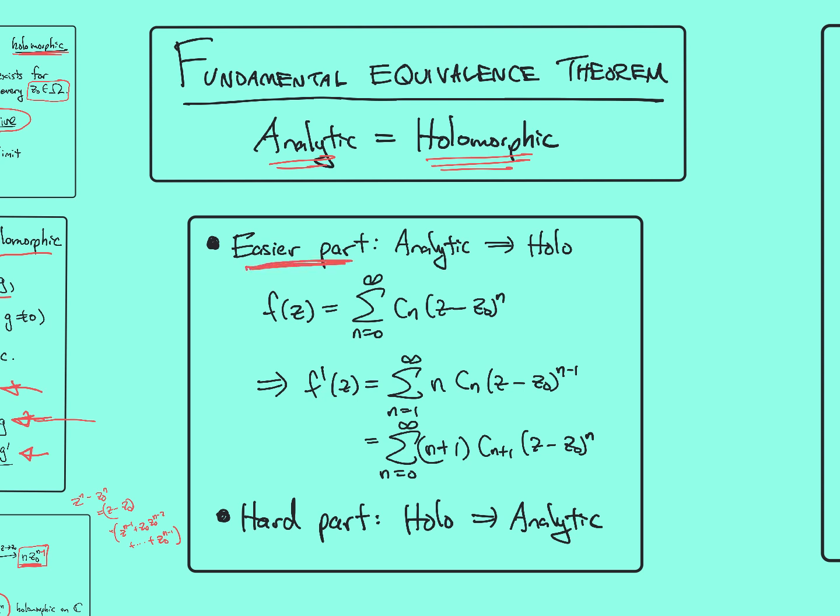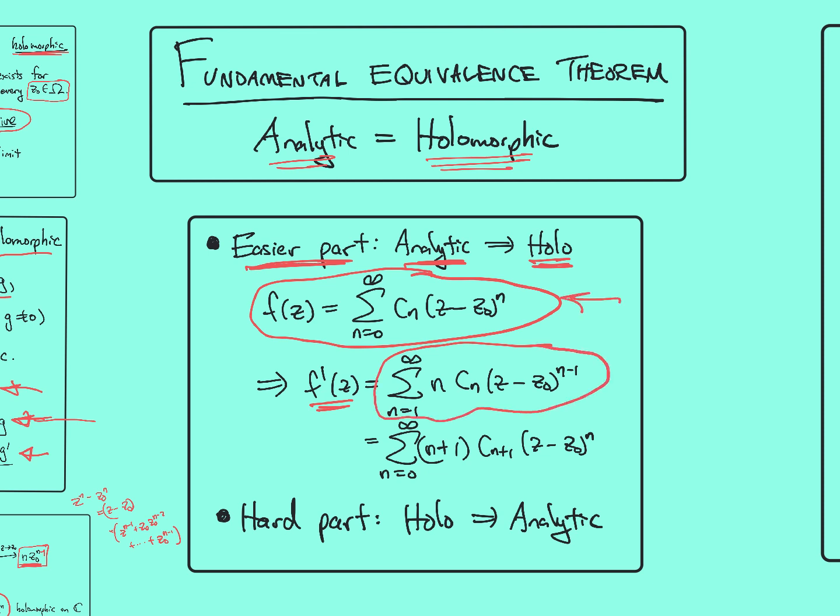The easy part of this is showing that analytic implies holomorphic, because if I have a power series representation centered at some point z0, then it's not too hard to dig into the infinite series and show that I can take the derivative term by term as long as I'm staying in a disk of convergence for the original power series.